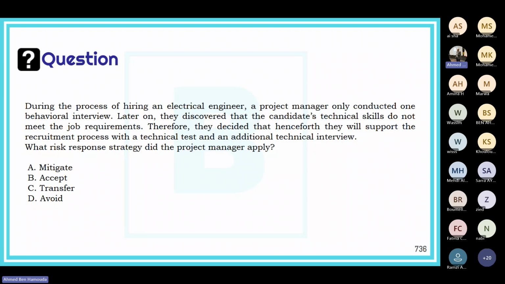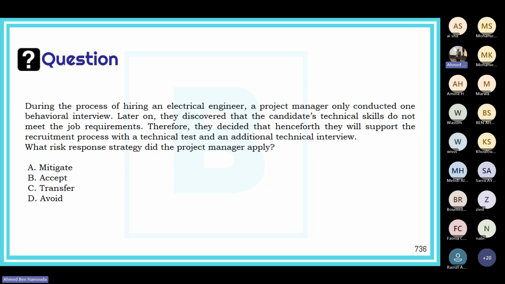During the process of hiring an electrical engineer, a project manager only conducted one behavioral interview. Later on, they discovered that the candidate's technical skills do not meet the job requirements. Therefore, they decided that henceforth they will support the recruitment process with a technical test and an additional technical interview.